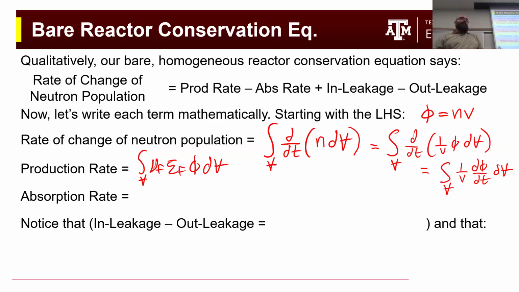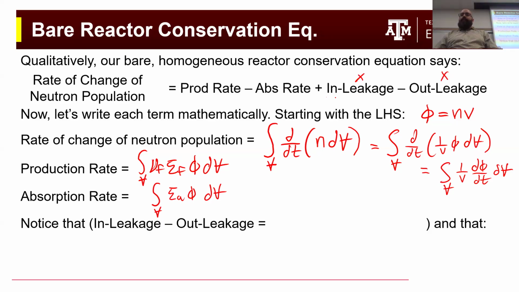And my absorption rate is going to look very similar. I'm going to integrate my absorption rate density over the volume. And my absorption rate density was just sigma A times phi. So I've got my rate of change, I've got my production rate, and I've got my absorption rate. And the other two things here, I've got in leakage and I've got out leakage.